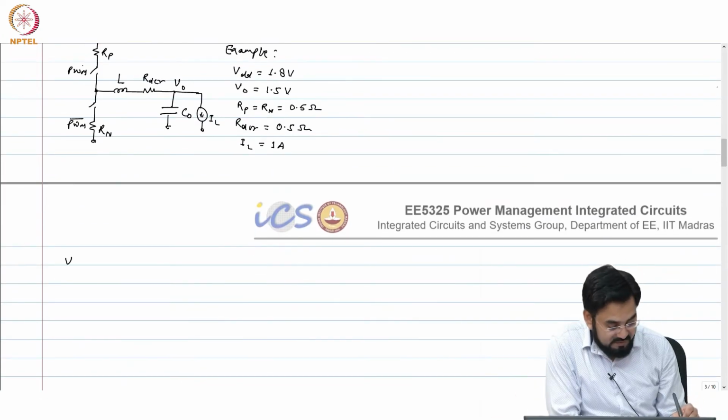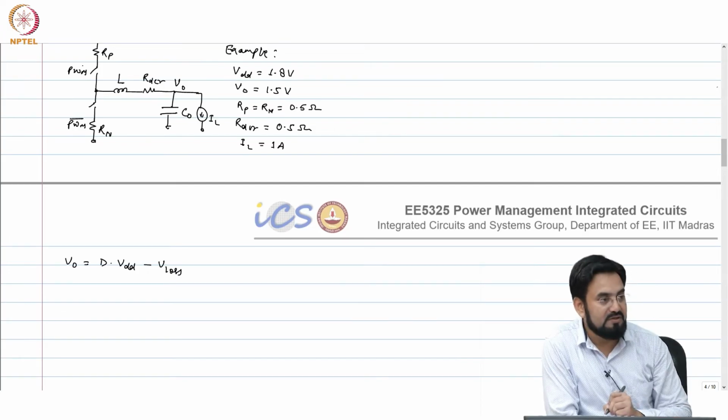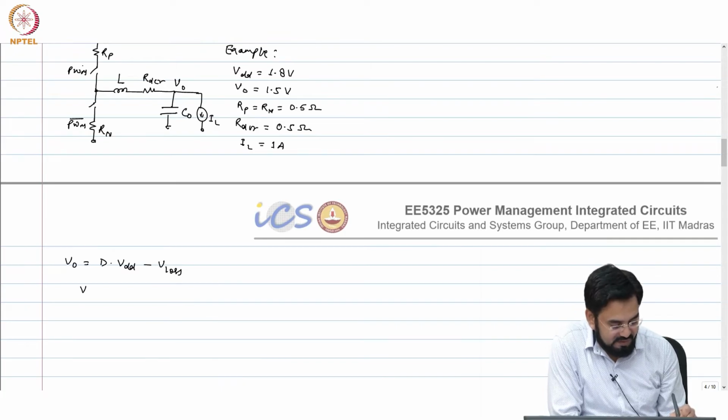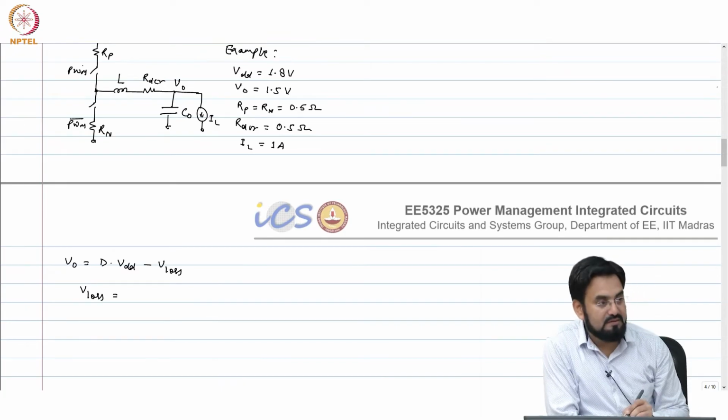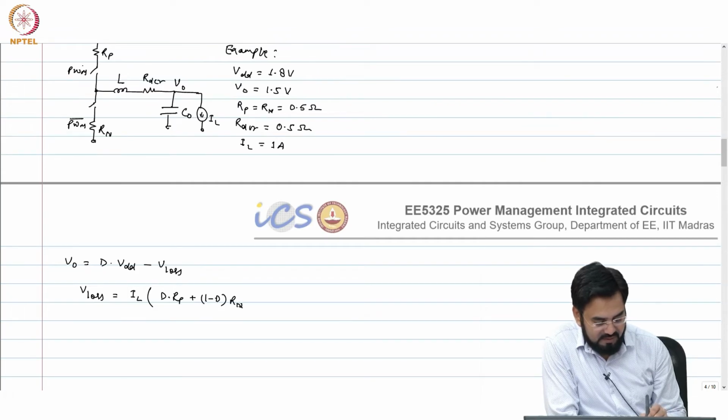Okay, so what is V out? V out is nothing but D times VDD minus V loss. And what is V loss? IL multiplied by D times Rp plus 1 minus D times Rn plus RDCR.